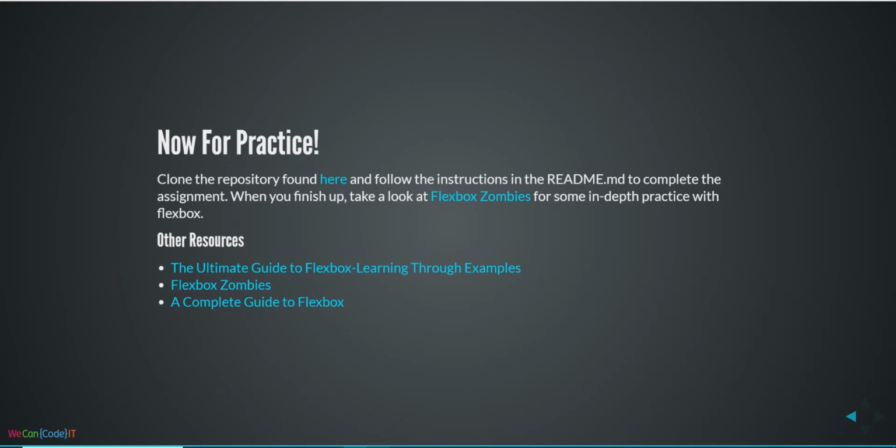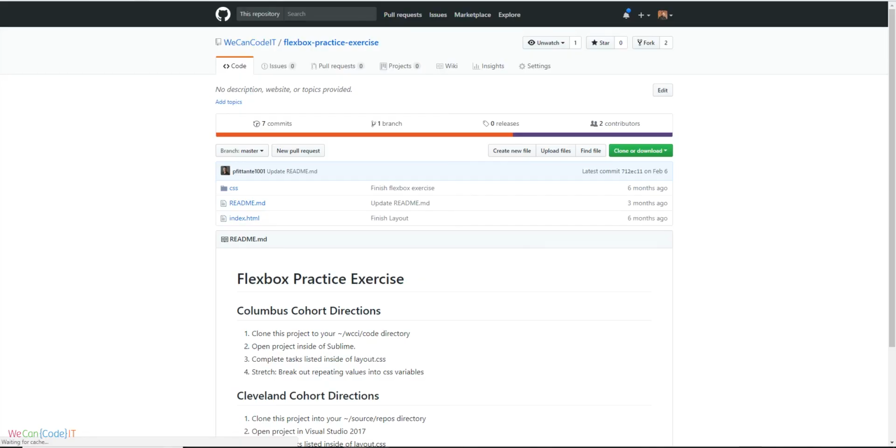So now is time for some practice. So we're going to clone this repository here. So let's check that out. So we have our Flexbox practice exercise, and you're going to be following the Columbus cohort directions here. So we're going to hit the clone or download as we're so used to at this point.